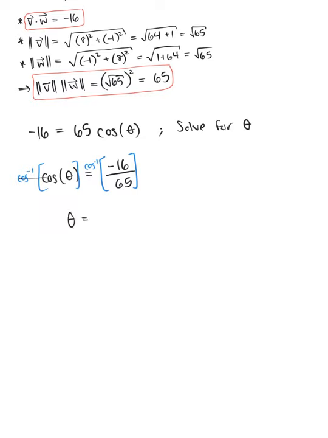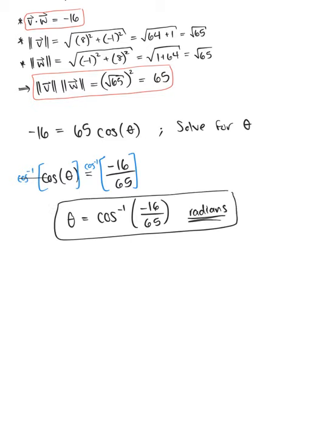So we're left with theta is equal to inverse cosine of negative 16 divided by 65. And this is radians here.